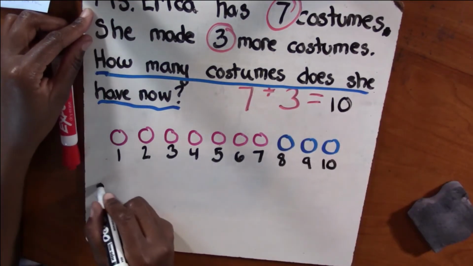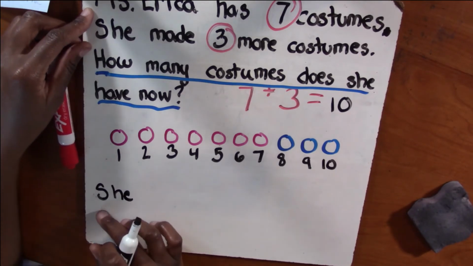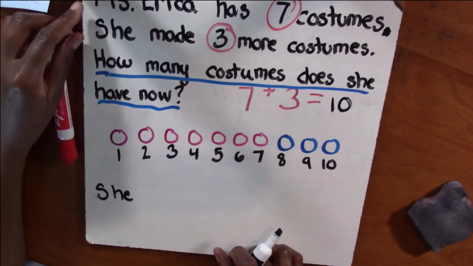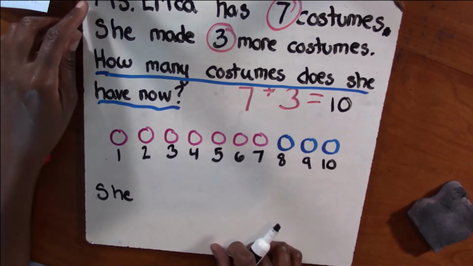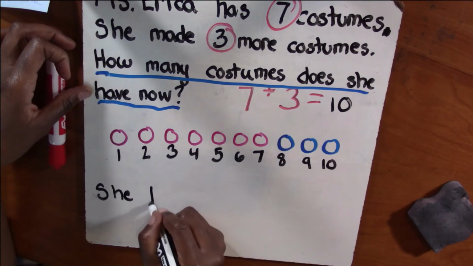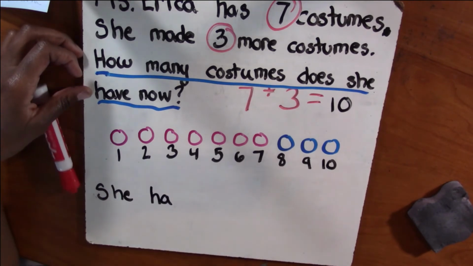I'm going to put she. But you can also put Miss Erica. So she, 10 costumes? She 10 costumes have now? Does that make sense? No. She have 10 costumes now?